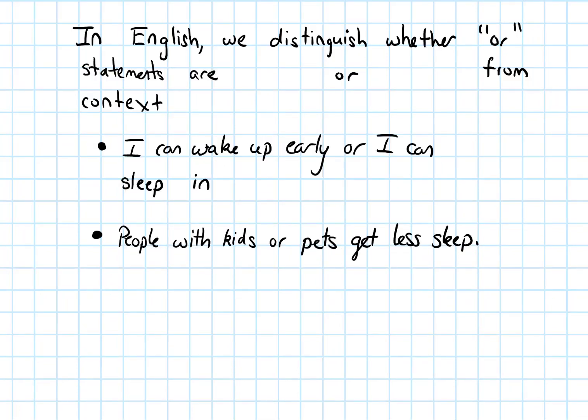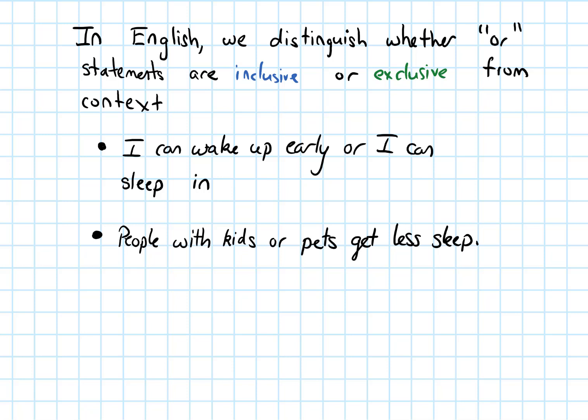In English, we distinguish whether OR statements are inclusive or exclusive from context. So let's do two quick examples. Let's say first I have the sentence, I can wake up early or I can sleep in.